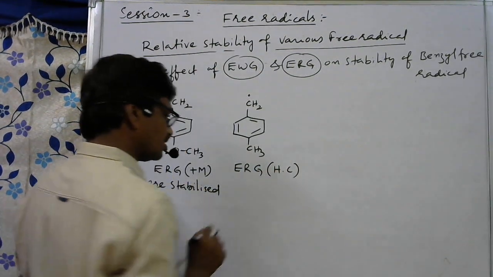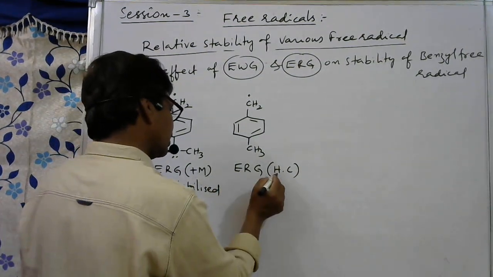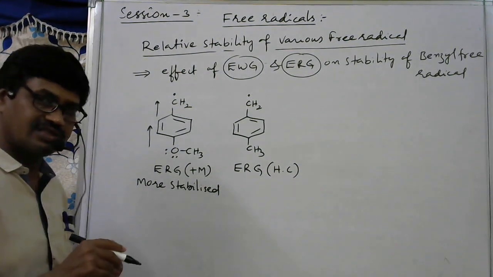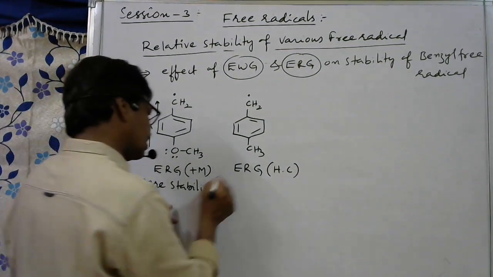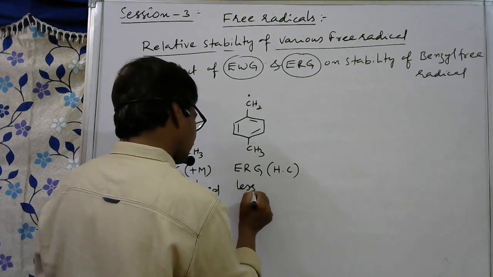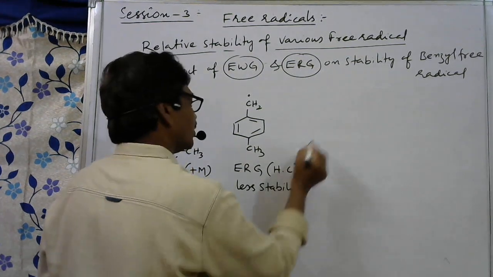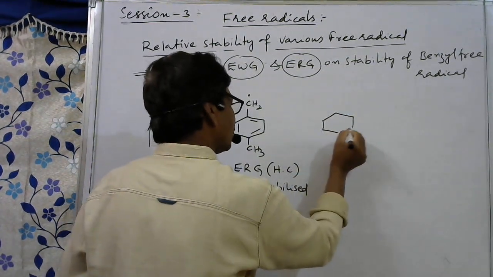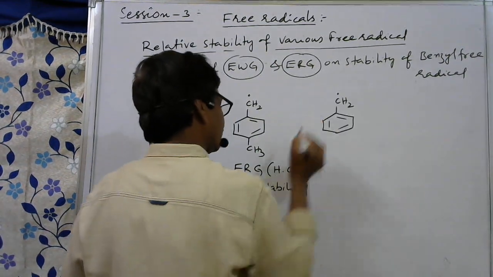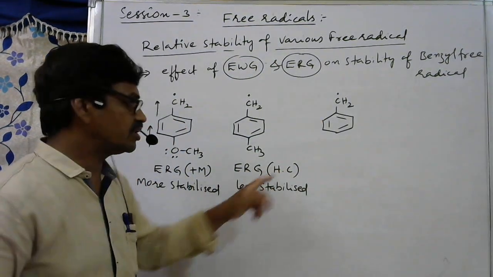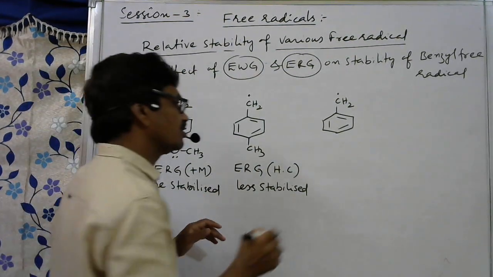HC here does not mean hydrocarbon, it means hyperconjugation. Hyperconjugation is weak compared to resonance, so here it is stabilized but less stabilized. Then a simple benzyl free radical: no increase, no decrease. There is no ERG group and no EWG group, so it is normally stable.